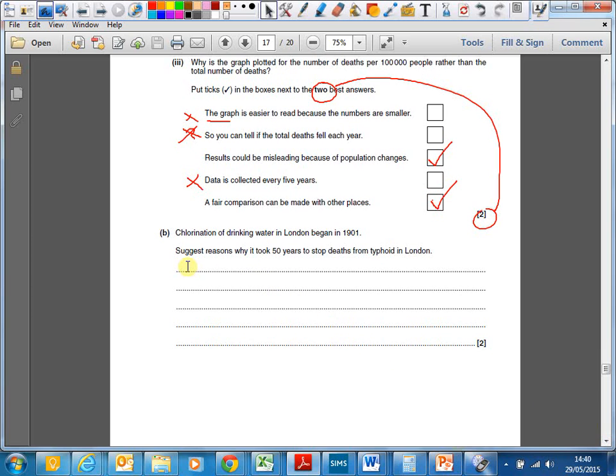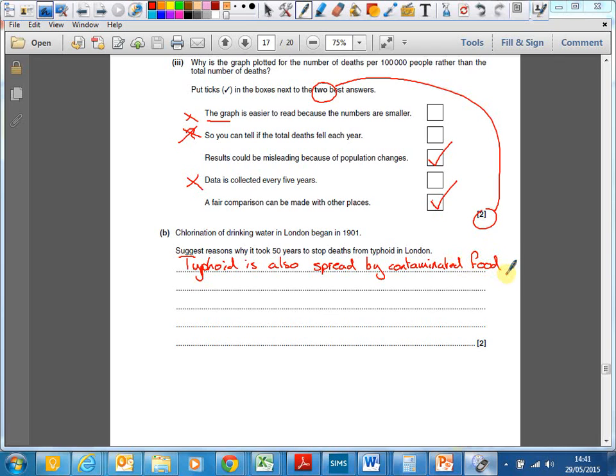So what you could start talking about here is that typhoid is also spread by contaminated food, and this is where you need to get the marks.